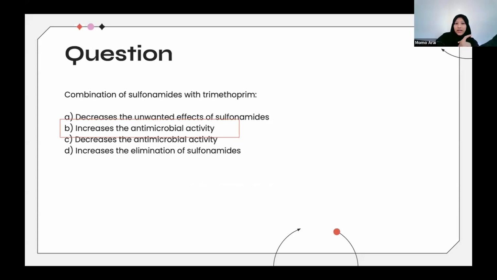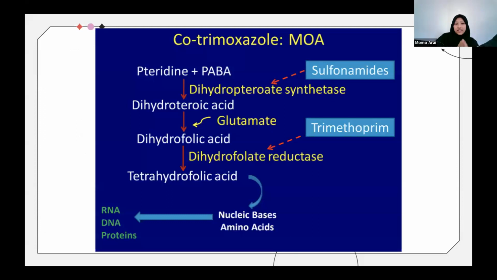It does that by a synergistic effect, because sulfonamides, as in this picture from your slide, inhibit an enzyme above trimethoprim in the same pathway, right? So if you give them together, it increases the antimicrobial activity because it's affecting more of the bacteria. It's killing them more.